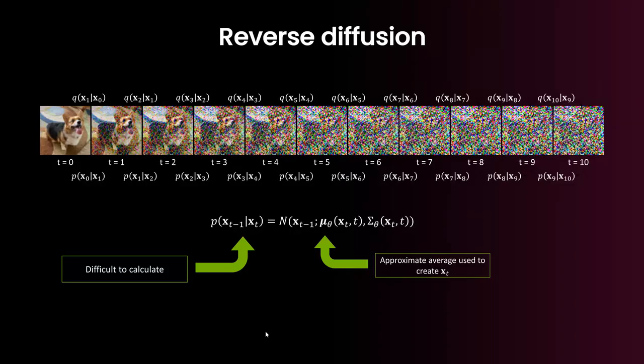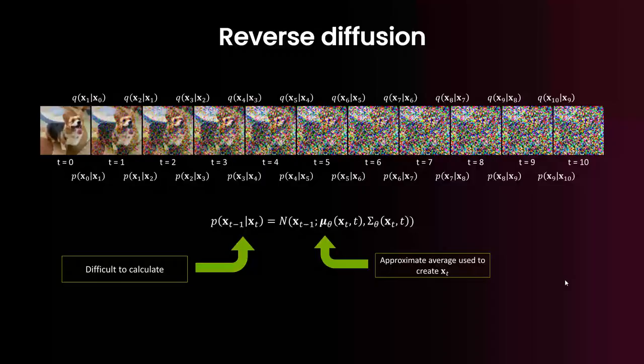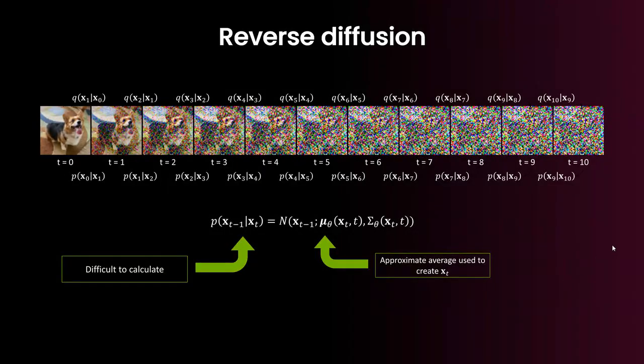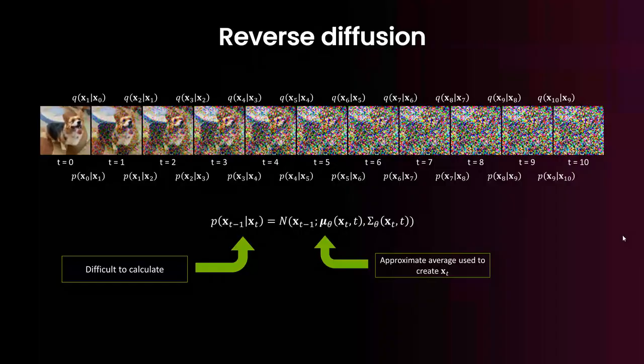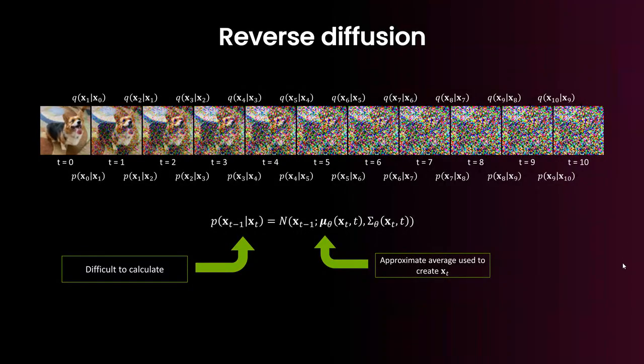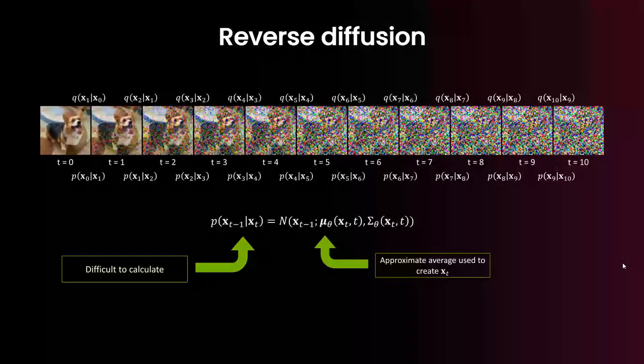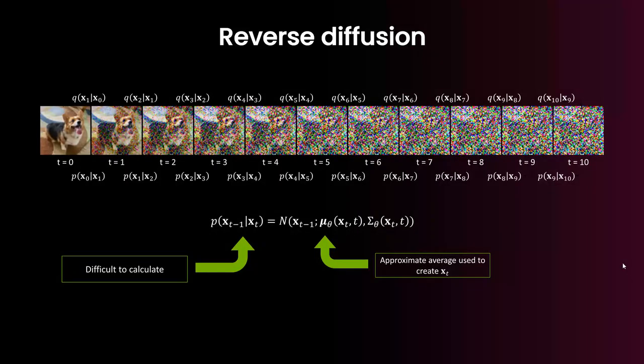Practically, we have infinite ways to noise the image, and this is what makes the denoising process complicated.